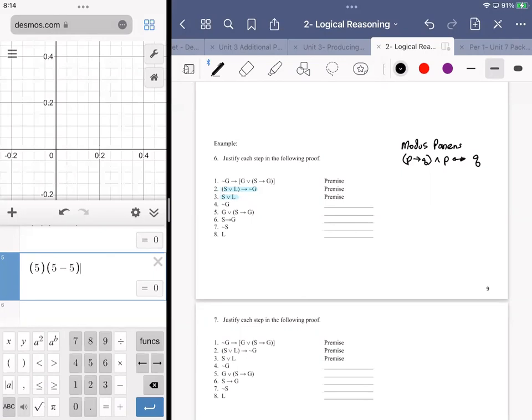So this one's a little bit more complicated, but it's saying, taking on the role of P is S or L, right?